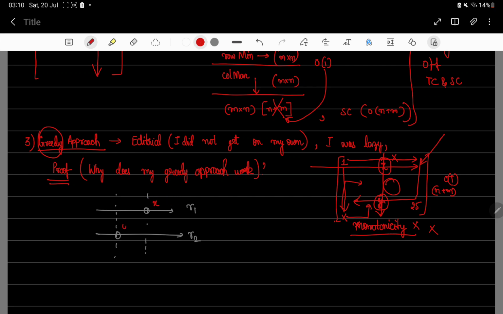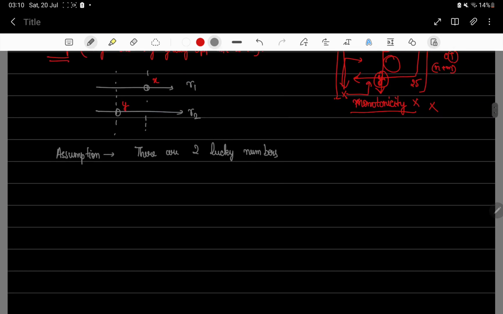We have x over here and a y over here. Now my assumption is that there are two lucky numbers. Is it possible? Consider this as x dash and this as y dash, or even better, consider this as a, consider this as b.